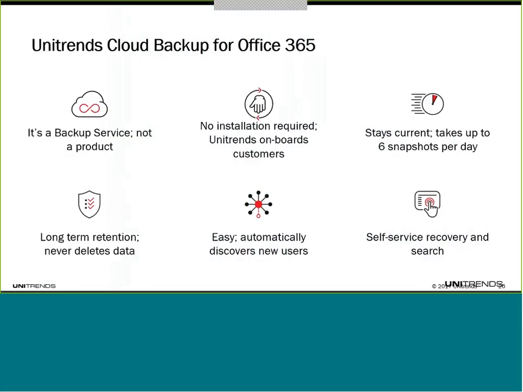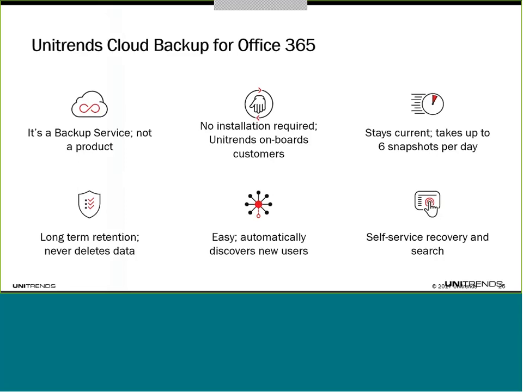So just to highlight some of the advantages of Unitrends Office 365 protection, there's nothing to install. It's all a cloud-based recovery application. It's automatic. It's hands-off. You literally have to do nothing as an IT professional. You log in and do your own self-service recovery. You don't have to wait for anybody else to do it for you. You literally can recover a lost email or file, folder, contact, full drive from OneDrive, for example, in seconds.